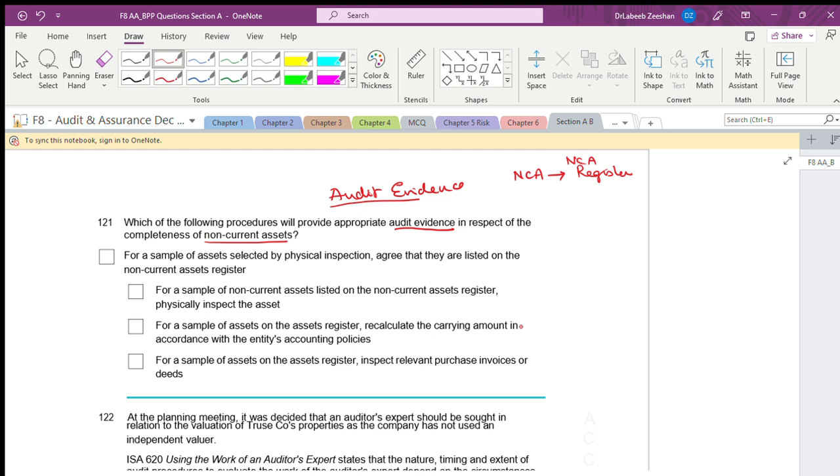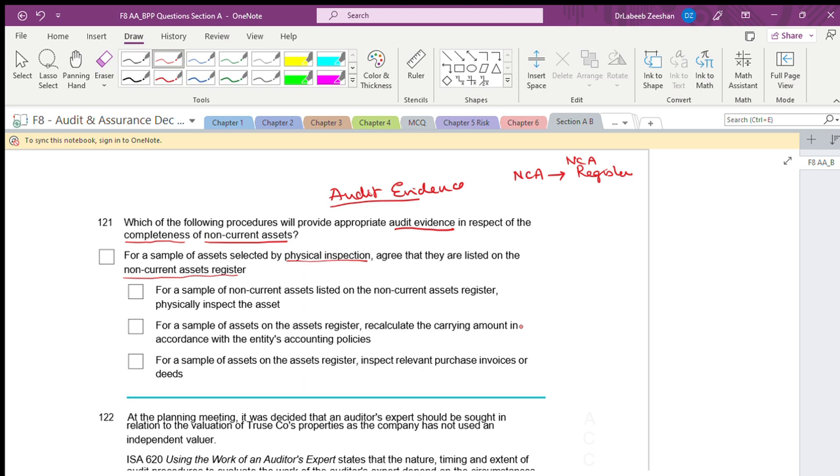Appropriate audit evidence in terms of completeness: for a sample of assets selected, physical inspection, agree that they are listed in the non-current asset register. Fine. You have to agree with that.